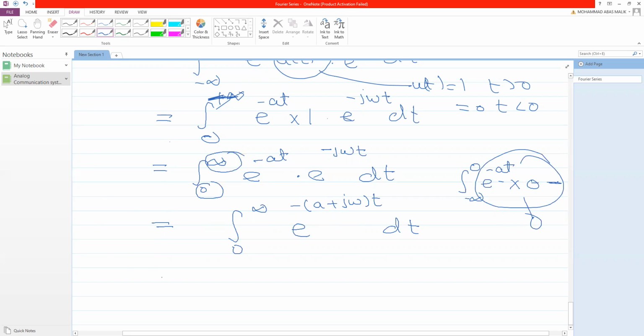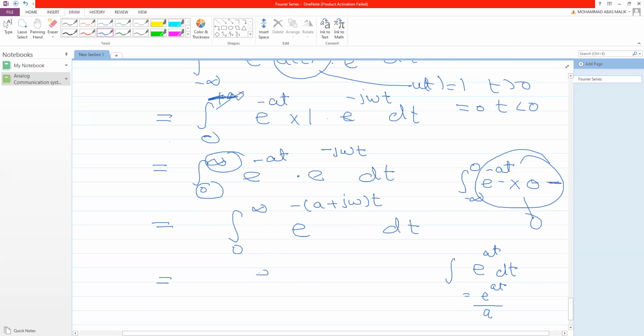Now, finally, what will you get? Just remember that the integration of e raised to the power at dt is always equal to e raised to the power at, the same value, divided by the differentiation of at. This is the integration value.